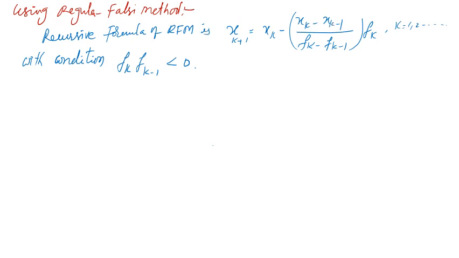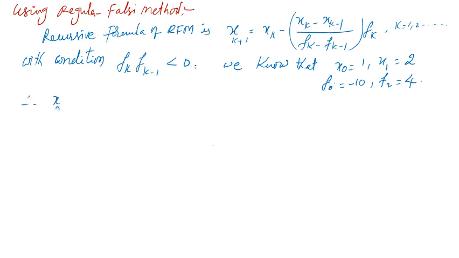Already we know x0 equal to 1 and x1 equal to 2, and f0 value is minus 10 and f1 value is 4. All these we are having. Therefore, x2 equals x1 minus (x1 minus x0) by (f1 minus f0) multiplied by f1.